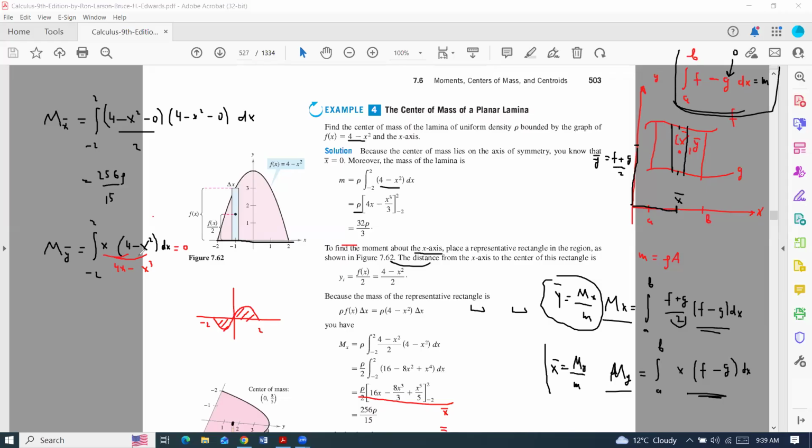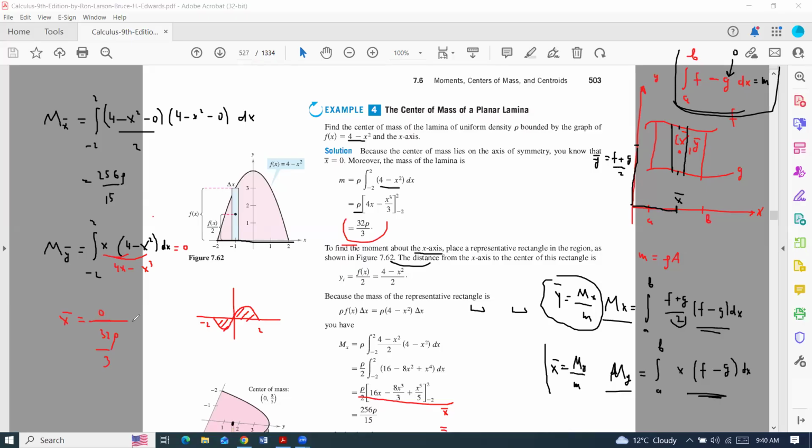You will have the same numbers to subtract, and that's why the integral is 0, and that's why your x coordinate will come as 0, whatever m is, which is 32, or whatever you put into 0 will give you 0, as long as it is not 0 on the bottom.